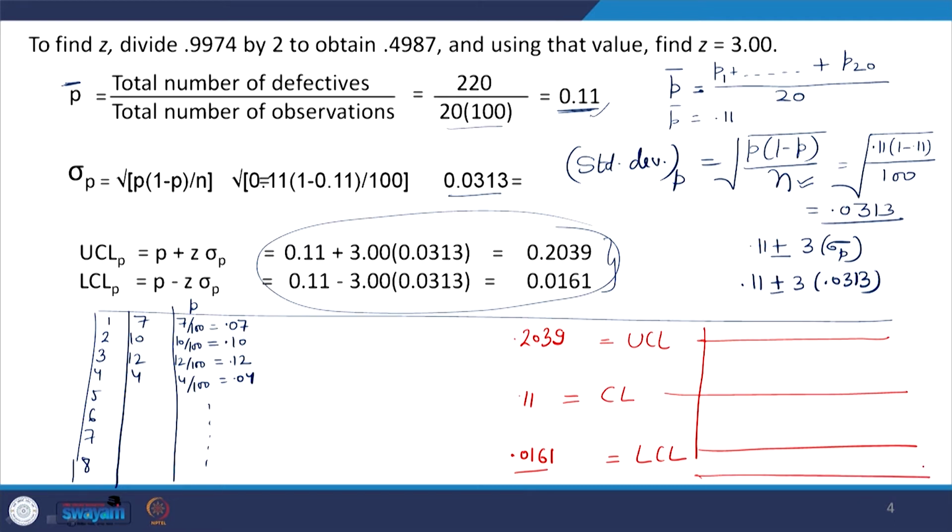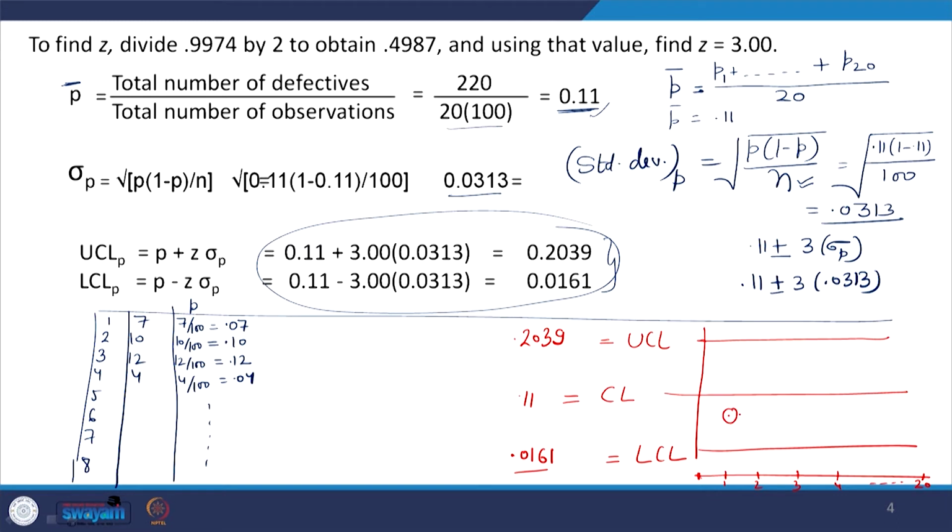Now, on this you will take the number of samples: first, second, third, fourth, and up to the 20th sample. Since it is a p chart, you will plot p values on this chart. Therefore, the individual calculation of p values is required. The first p value is 0.07, that will come somewhere here.